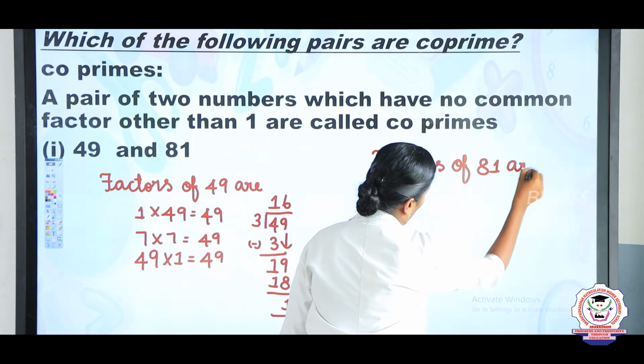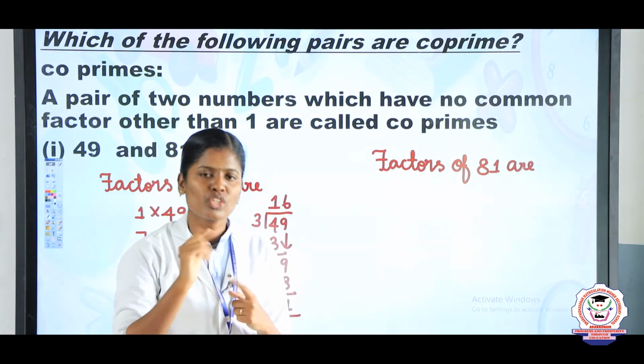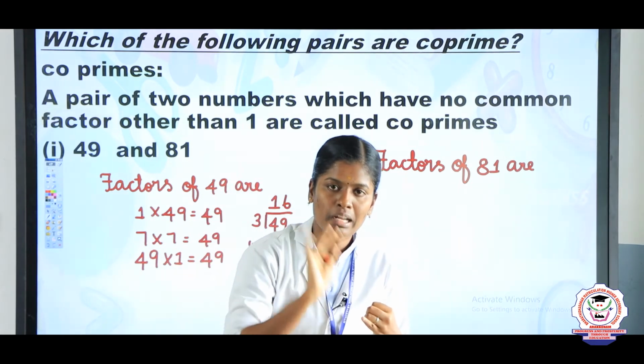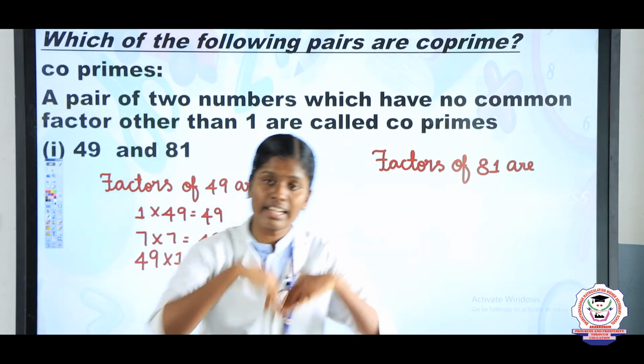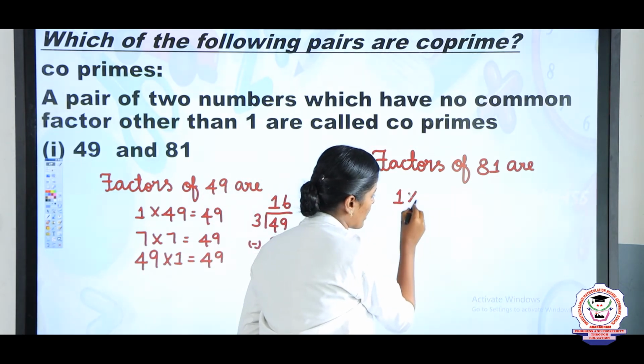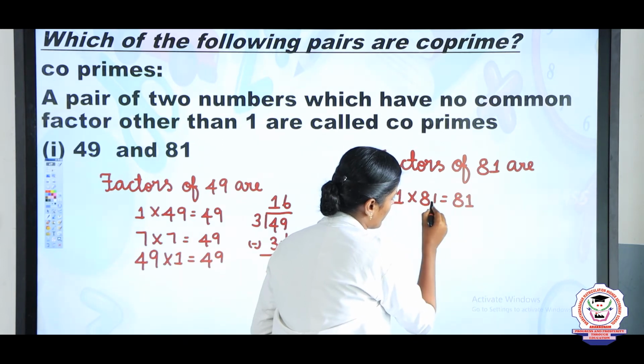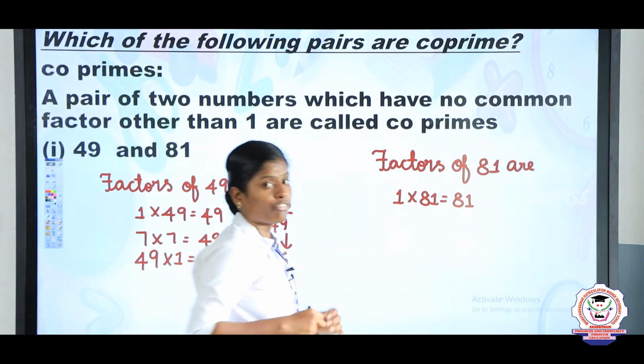What is the first table? The first table is the 1 table. Everyone knows that for any number, it will come in the one table and then the number itself. So first we will write 1 eighty-ones are 81.